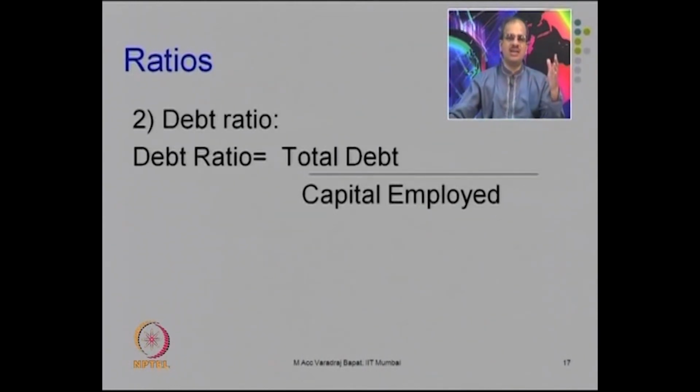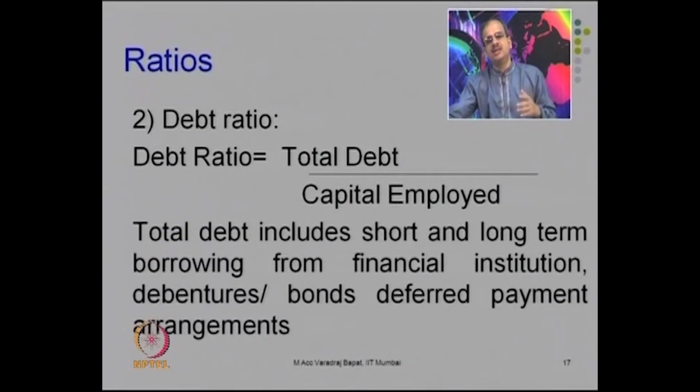Opposite to this, there is another ratio known as debt ratio. This tries to calculate what percentage of funds are financed by debt. So here again what will happen is, if this ratio is high, it will increase the financial risk of the company. However, a high debt ratio provides the benefit of leverage, in a sense that the company will be able to expand fast because it is getting the debt funds.